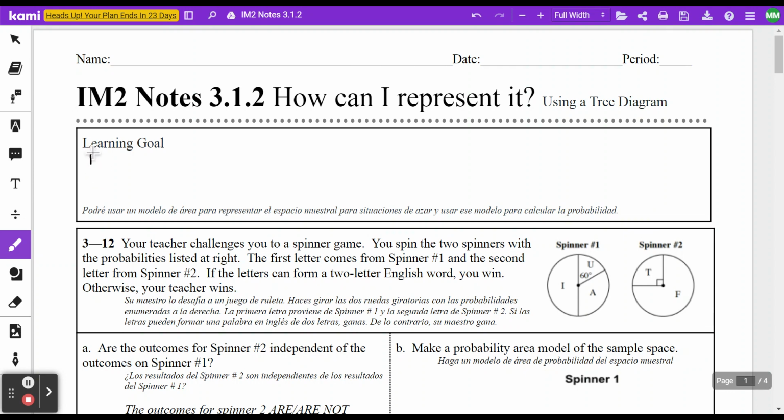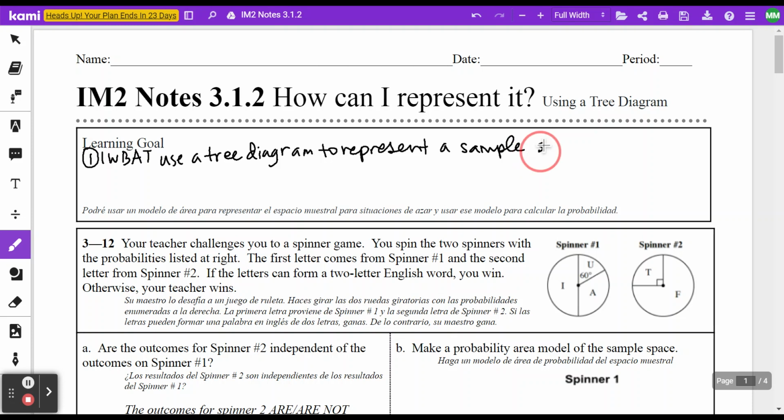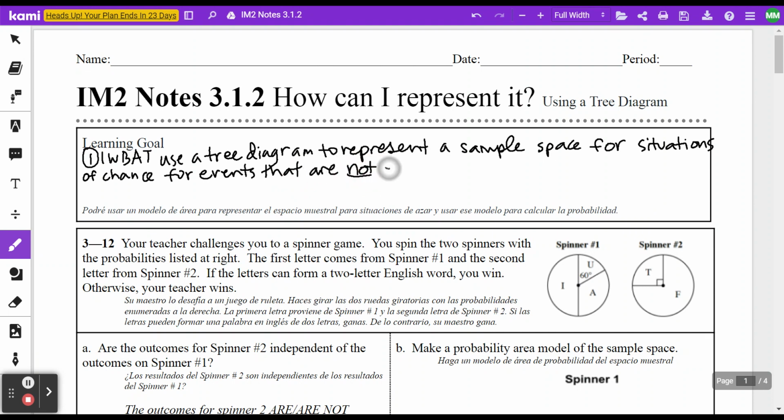The first one, I will be able to use a tree diagram to represent a sample space for situations of chance, for events that are not equally likely.